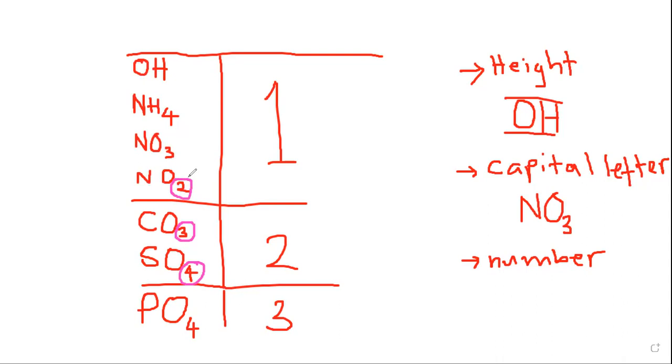The moment you change this number, you change the name of the radical. Nitrite is NO2. NO3 is nitrate, but the moment we change from NO3 to NO2, the name changes to nitrite.